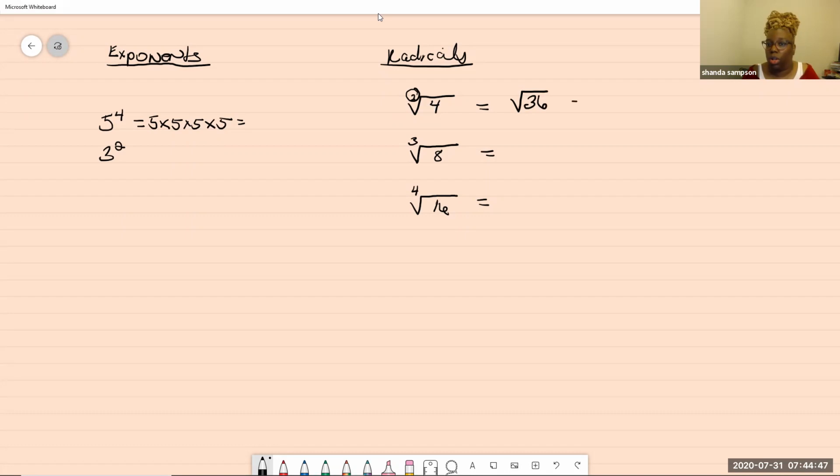Anything without a number written into the little root means we're talking about square, and square means what times what will give me back that number. In this case, 36 is 6 times 6, so the square root of 36 is 6. Since 81 is 9 times 9, the square root of 81 is 9, etc.